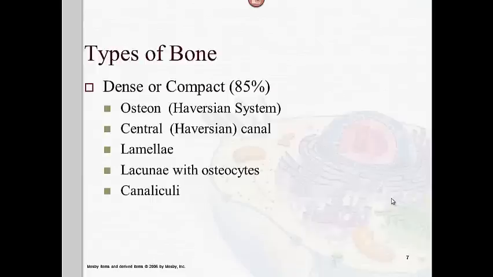They're made up mostly of compact bone with a lesser amount of marrow. They're located within the medullary cavity, and they also have spongy bone. Examples of long bones are the femur and the humerus.